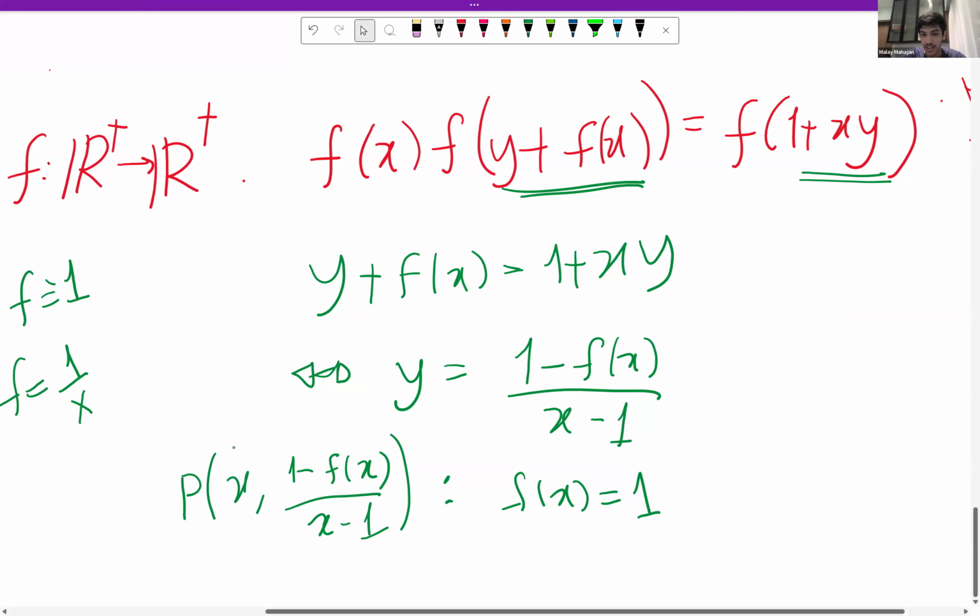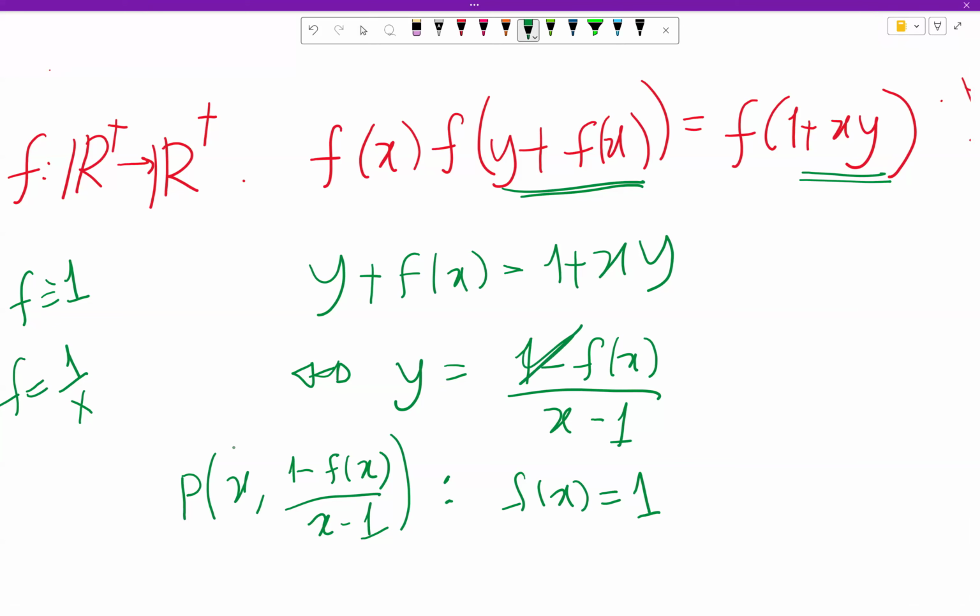No, I think this is correct, x minus 1. Oh wait, yes, y is like you've written. My bad, thank you. I did 2 problems yesterday of the exact same thing, and I misremembered.